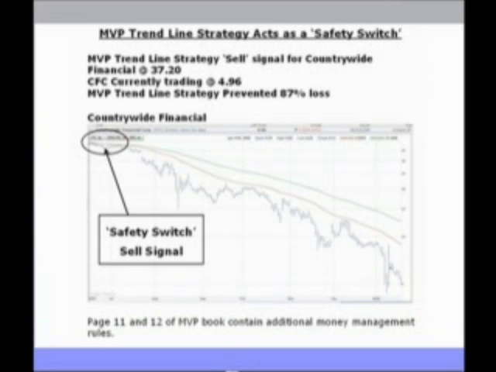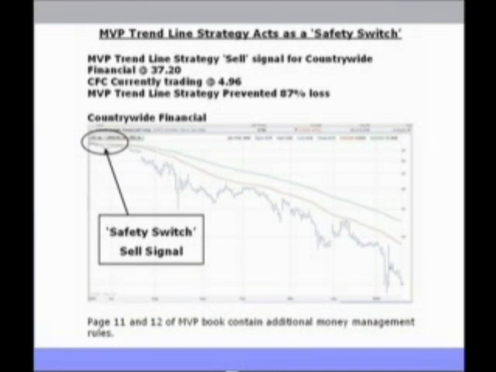For example, the trendline strategy issued a sell signal for Countrywide Financial at 37.20 right here, and Countrywide's currently trading at $4.96. So if you were following this strategy and you own Countrywide stock and you sold right here, once it entered a downtrend, it would have prevented an 87% loss based on current prices.